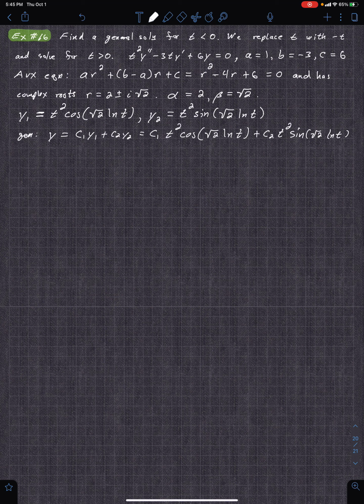All right, so that's true assuming t is greater than 0, because back here, where was it? Well, you're assuming it's greater than 0 and it's fine. So then all you do now is you say for t less than 0, we replace t with negative t.